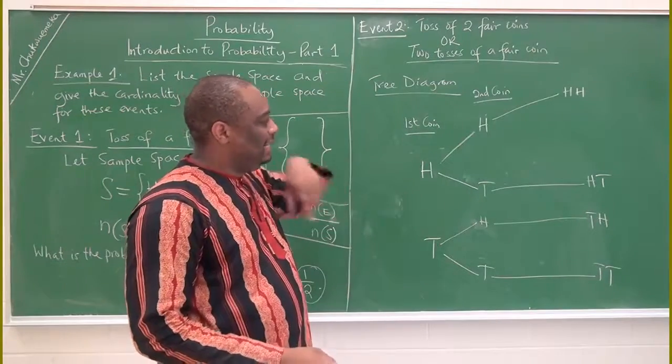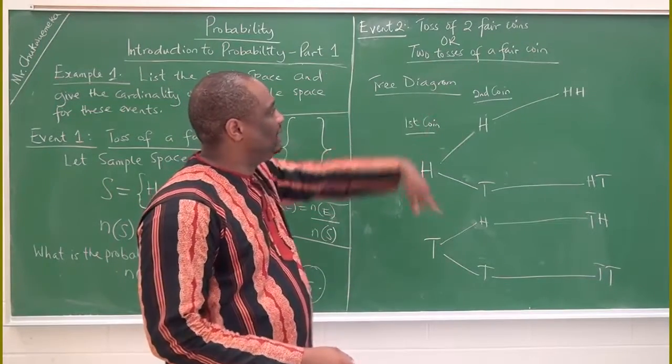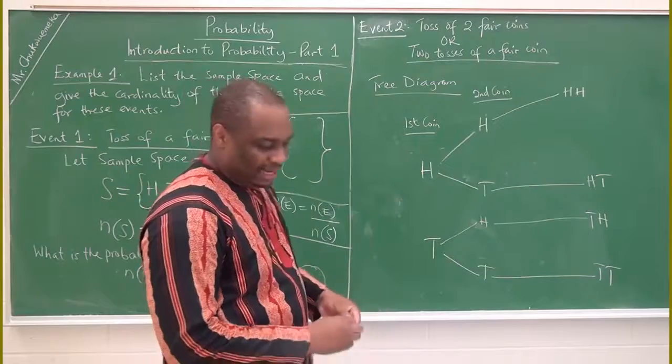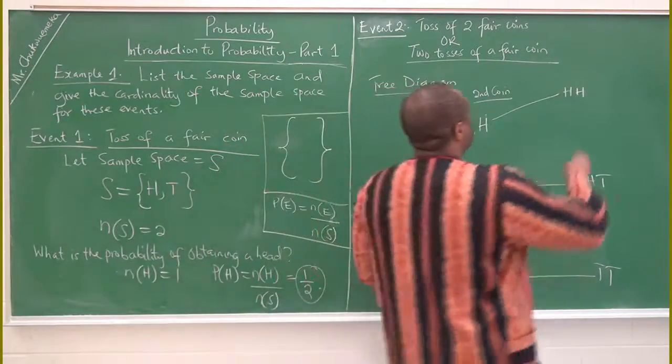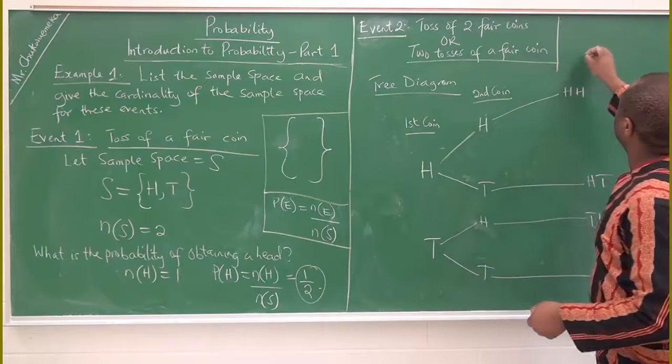So what is the cardinality here? What is your sample space, and then what is the cardinality? Let's list it.